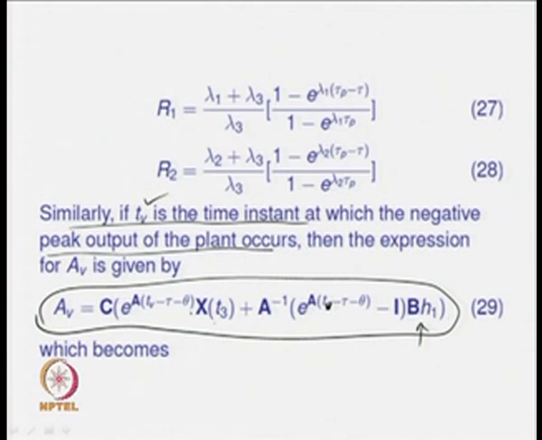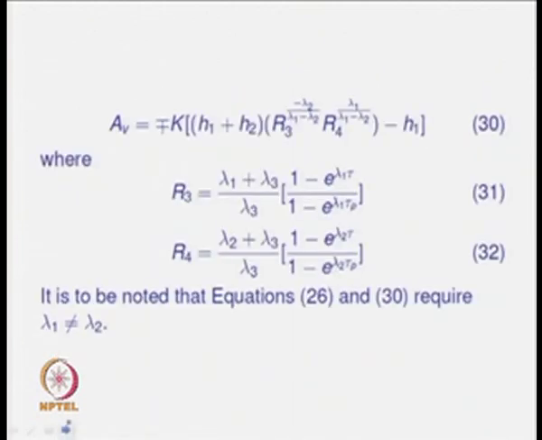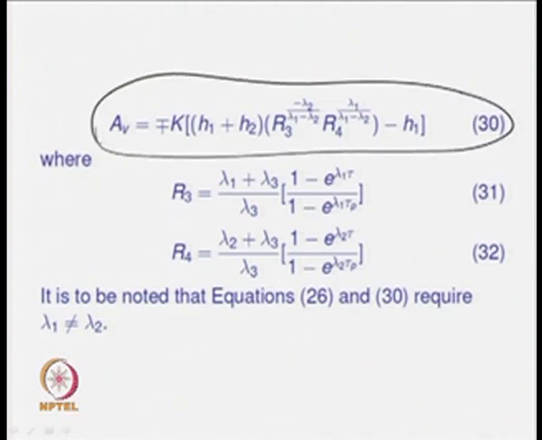The way we have solved and found the analytical expression for Ap, a similar procedure will be employed to find the analytical expression for Av. So, the analytical expression for Av can be obtained by taking the first order differentiation of Av and is found as Av is equal to minus plus k times (H1 plus H2) times R3 to the power minus lambda 2 upon lambda 1 minus lambda 2, times R4 to the power lambda 1 upon lambda 1 minus lambda 2, minus H1.